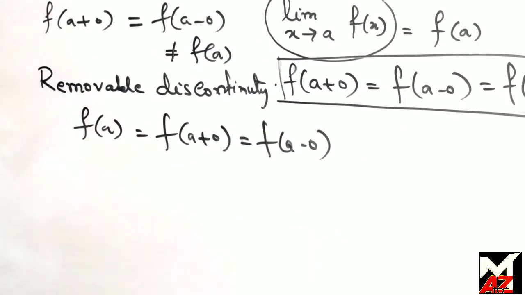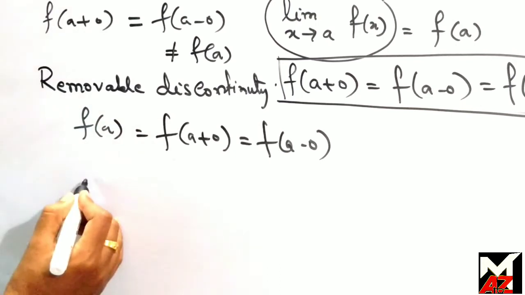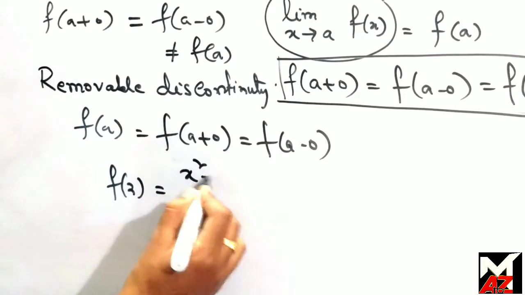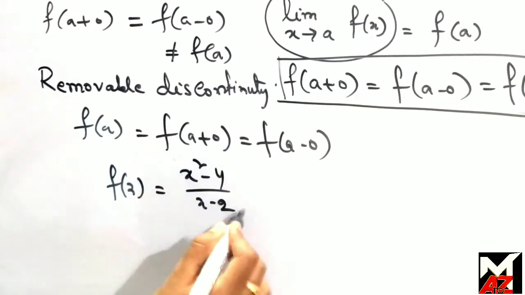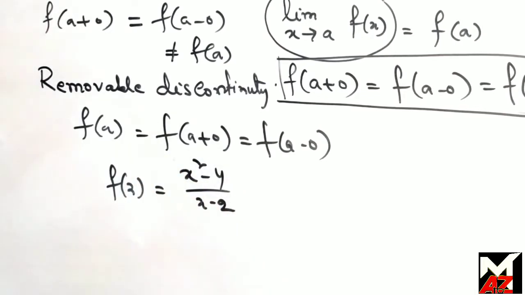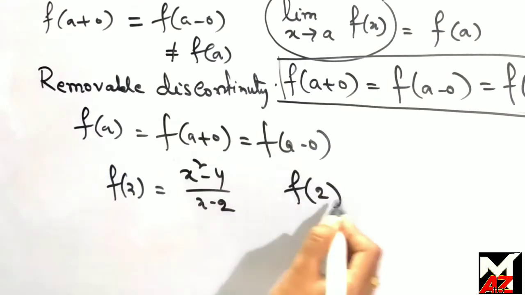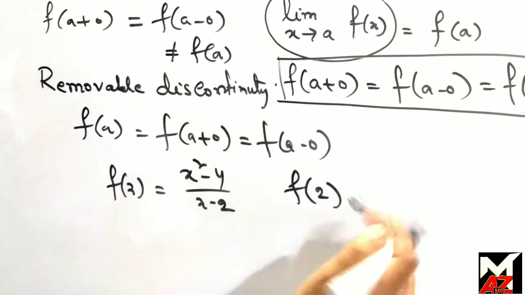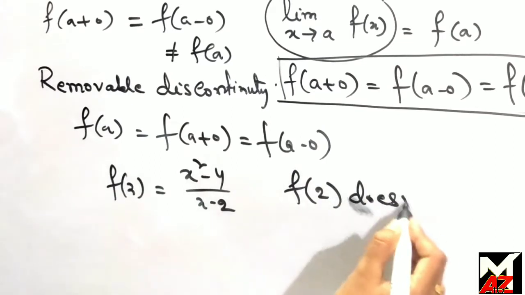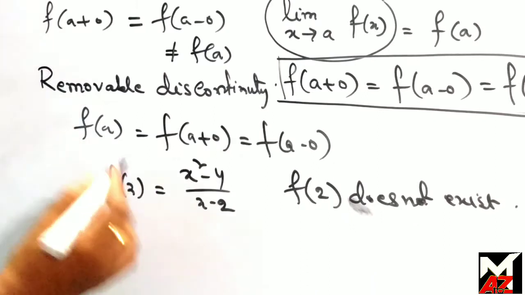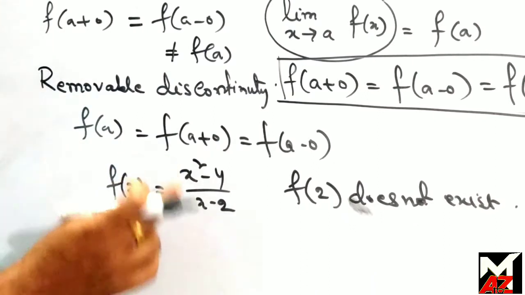For example, let f(x) equal to (x square minus 4) by (x minus 2). Then clearly f(2) does not exist, because if we put x equal to 2, then this is 0 by 0 form.